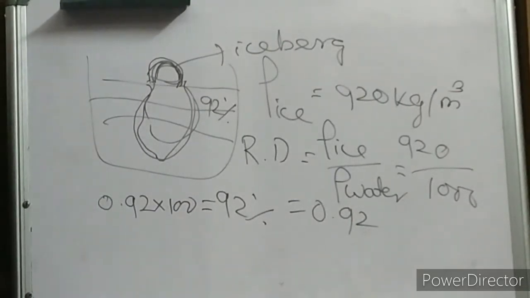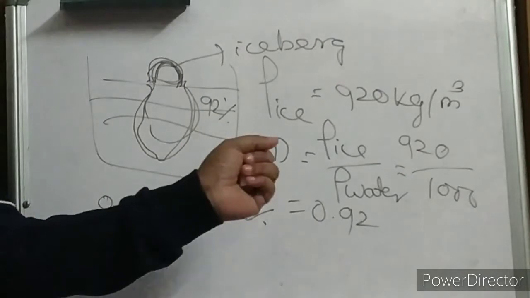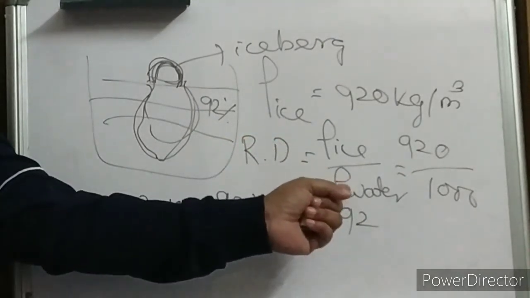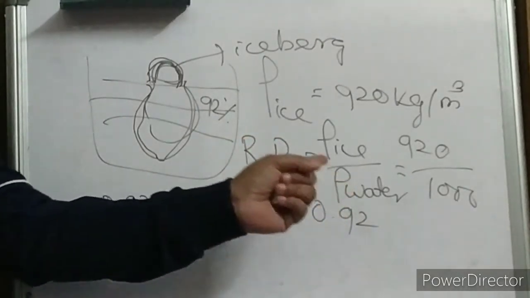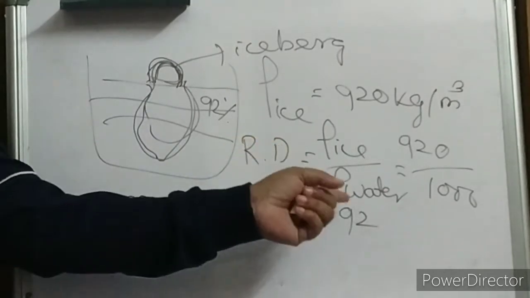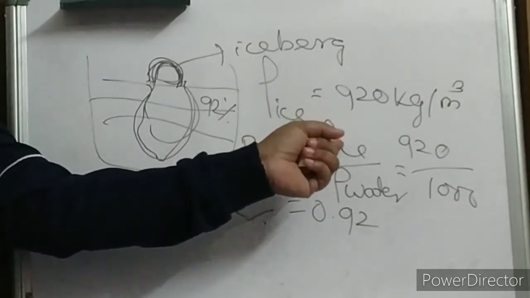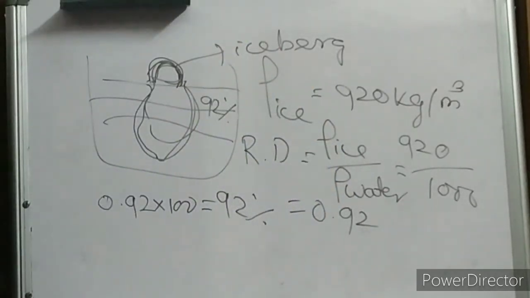So what is the function of relative density? Why are we studying relative density? If you know the relative density of a substance with respect to water, just cross multiply, you get the density of any object. So accurately we can find out the density of any object.